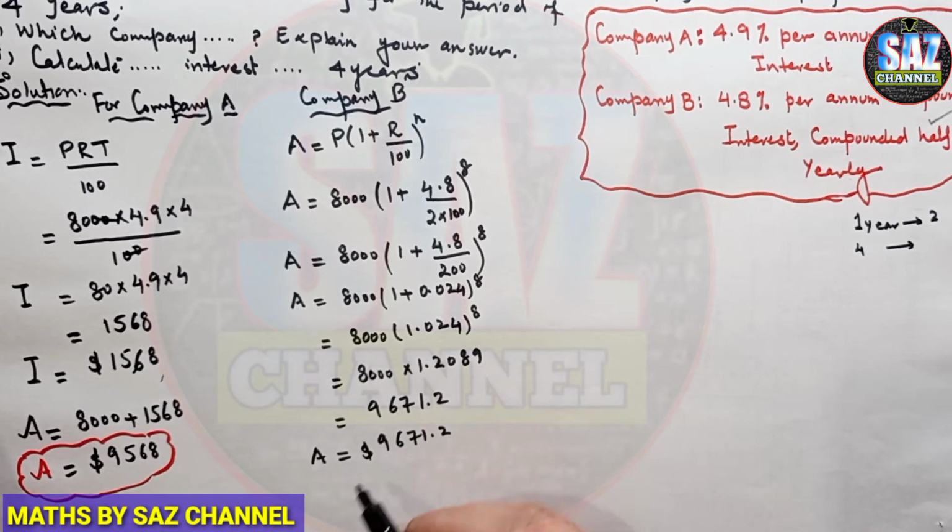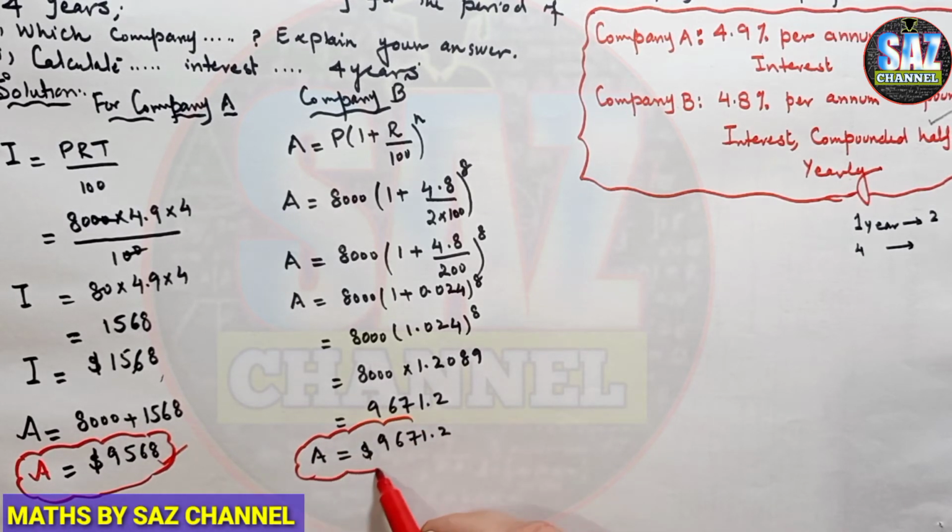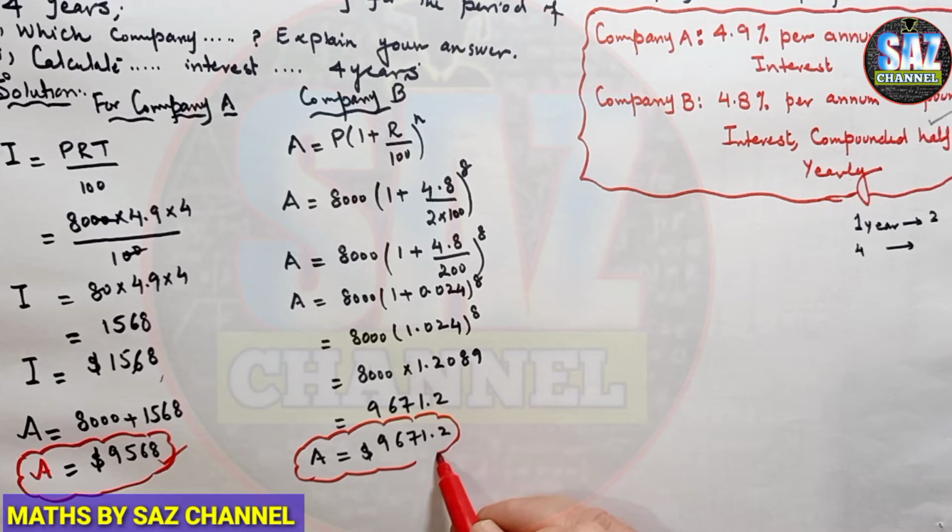9,671.2. If we compare the amounts from both companies, the amount from company A is 9,568, and from company B she can get 9,671.2.